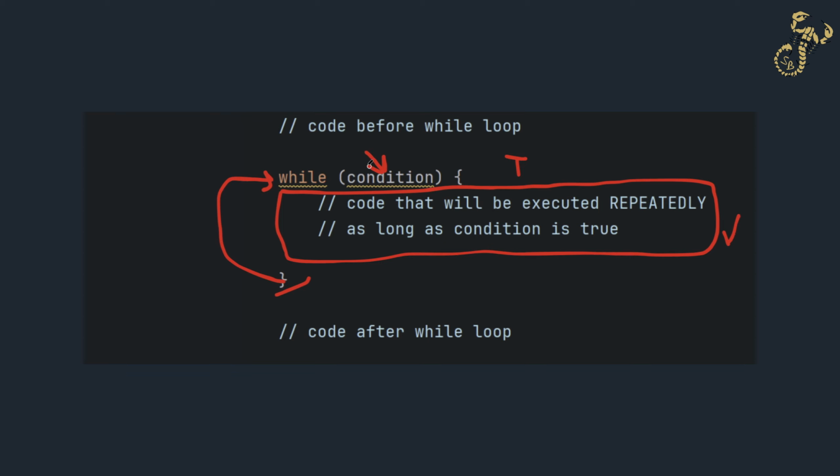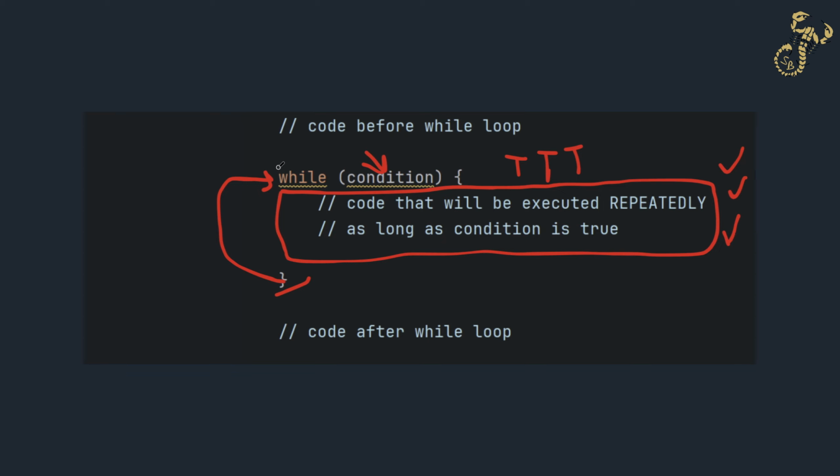We'll evaluate the condition again, and if it's true again, then we'll execute the entire code here for the second time. And then we'll go back to the beginning of the while. Again, we'll evaluate the condition. If this is true, again, we will execute the code inside the while block again, and we'll go to the beginning once more. Basically, we will keep doing this as long as the condition is true.